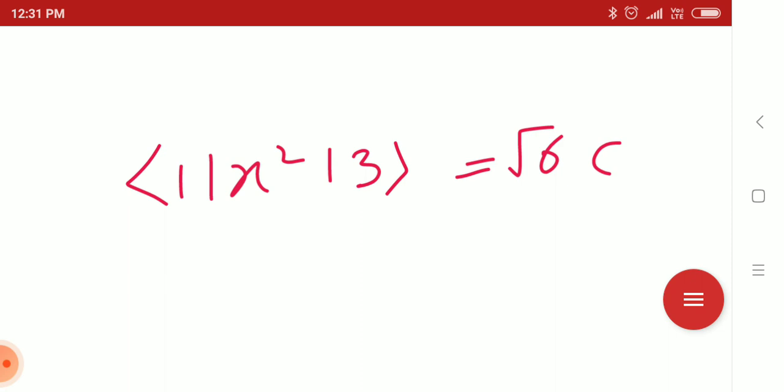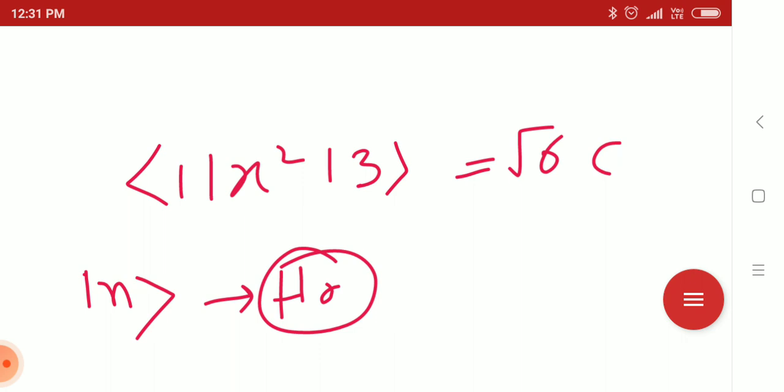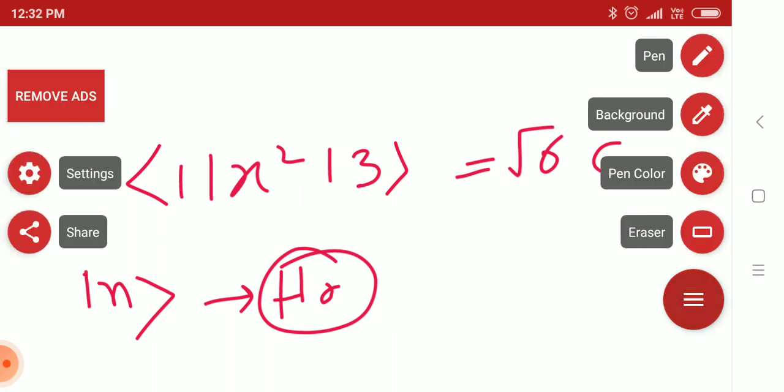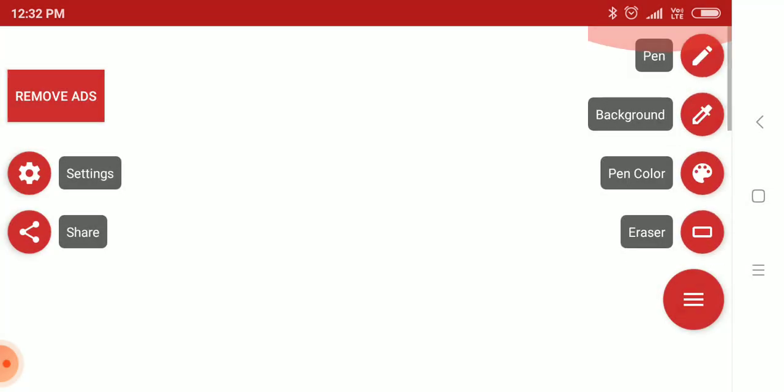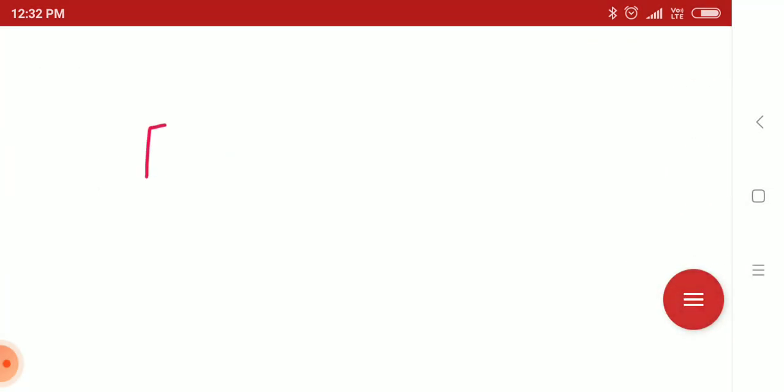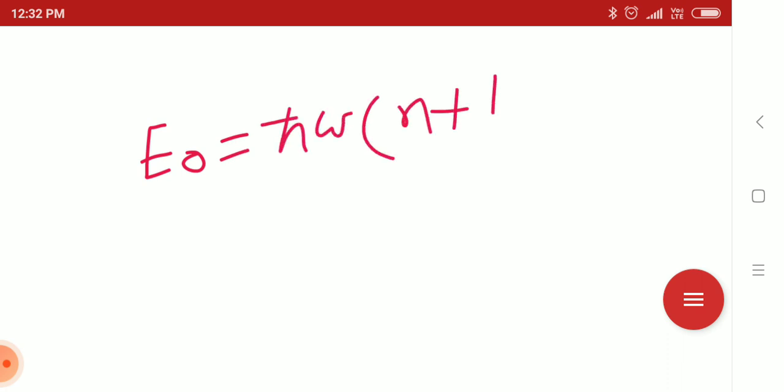It was also mentioned that |n> is a normalized eigenstate of the unperturbed Hamiltonian corresponding to the quantum harmonic oscillator, with energy eigenvalue E_n equals h cut omega into (n plus half).